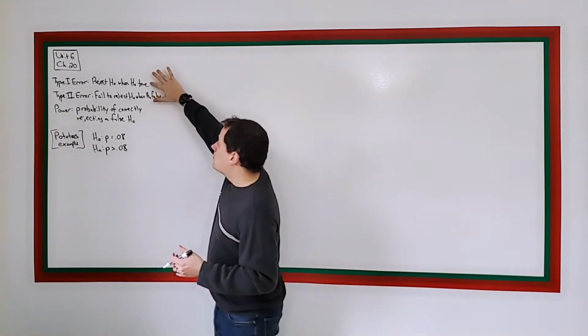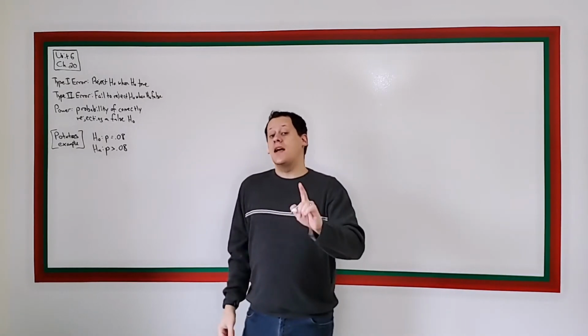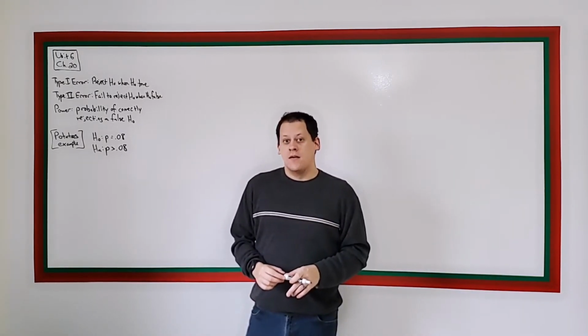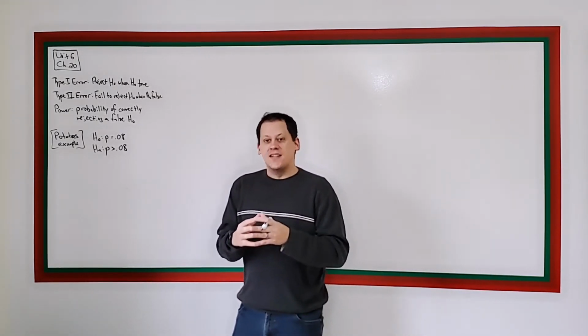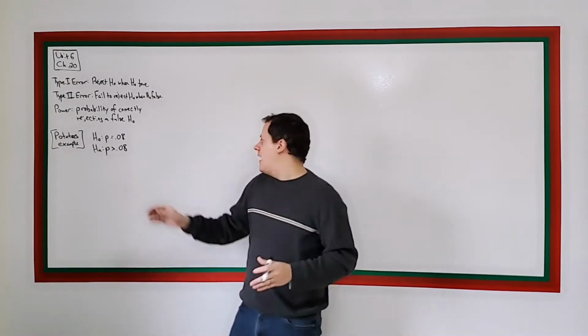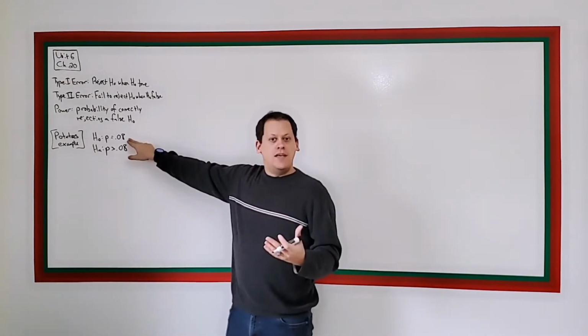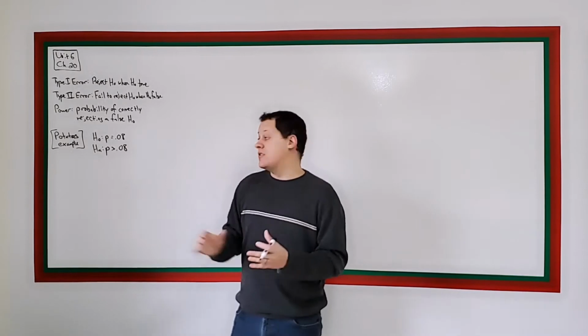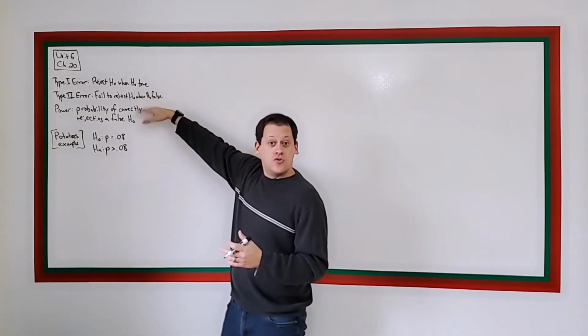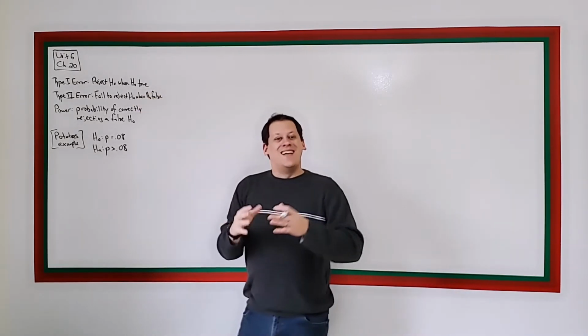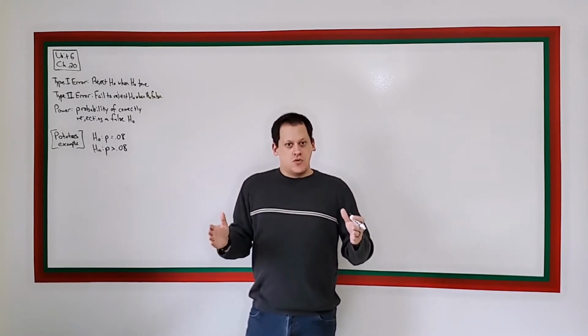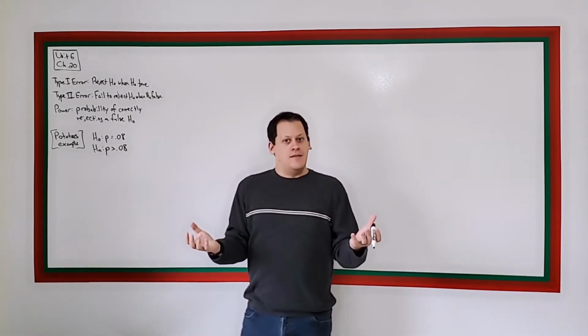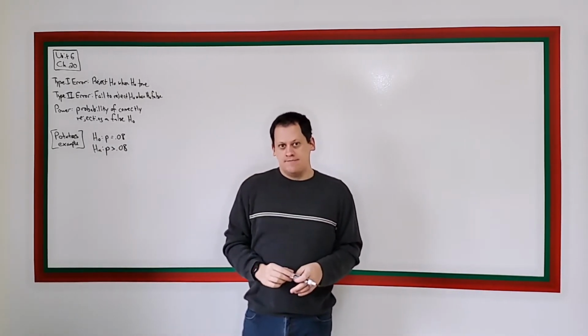Now, the probability of type 1 error, remember, you set that at the beginning of the test. But we're saying that the difference between p and this value, which we call p naught, can make a big difference in how large or small these things are. The difference between those two things, p and p naught, is called the effect size.